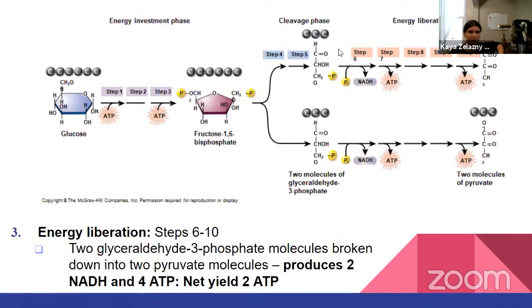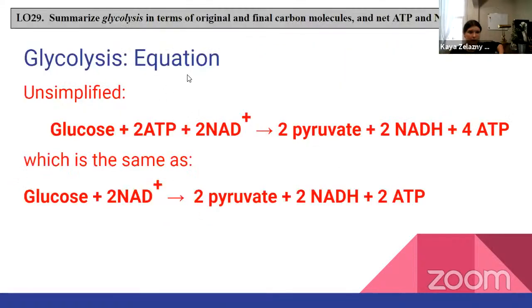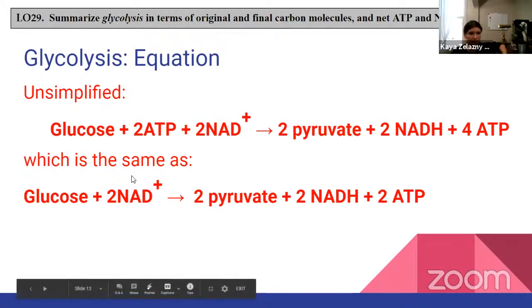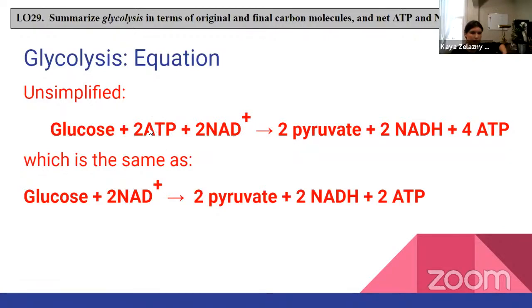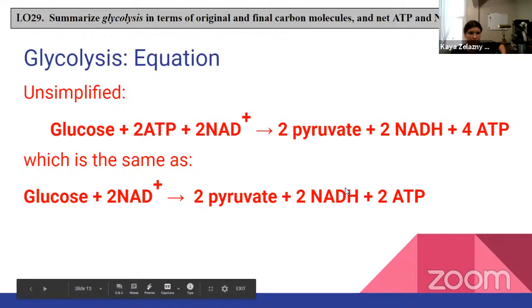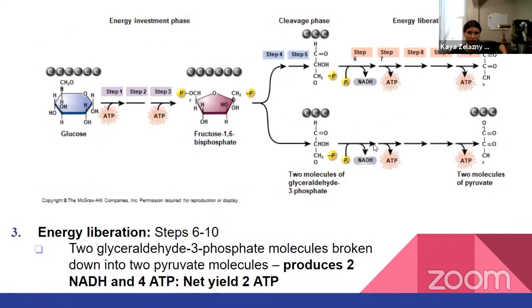Energy liberation is where we're getting the ATP out of these processes. Okay. And here we have our equations. This first unsimplified equation shows us everything that we put in and everything we got out, but we can simplify it by crossing out anything that appears on the left and on the right, which is why we cross out 2 of the ATP here and are only left with 2 on the right-hand side. So you're basically just going to be recreating this in your problem set, with the help of those pictures I've provided to you.